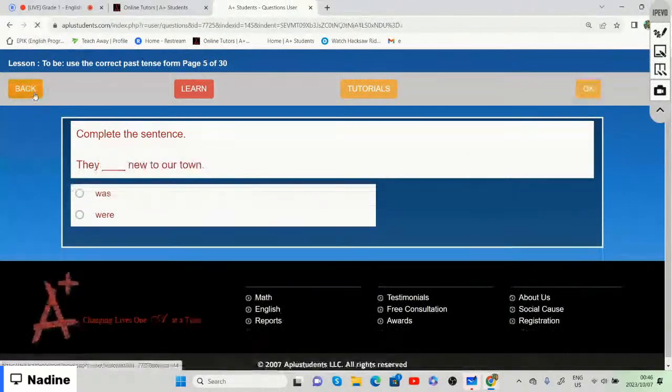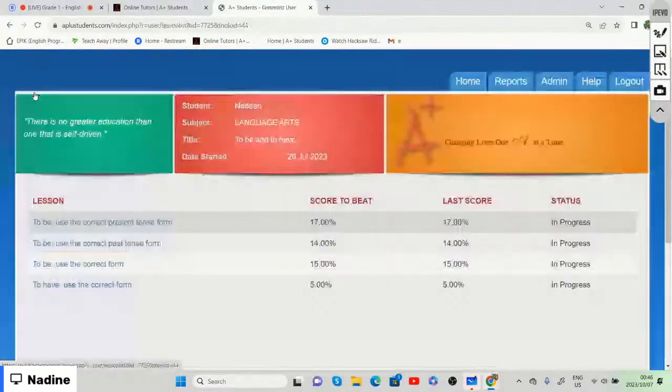All right, so that is now the end of our lesson on to be and to have. And we focused on the present tense form as well as the past tense form, right? In the present tense form, we use is to refer to one person, animal, place, or thing.